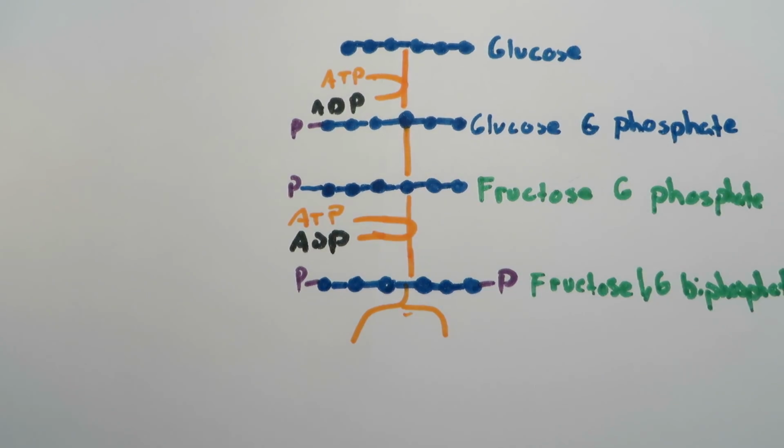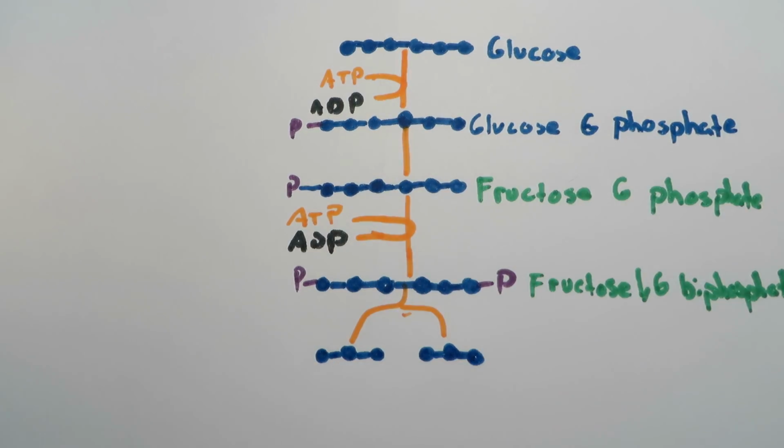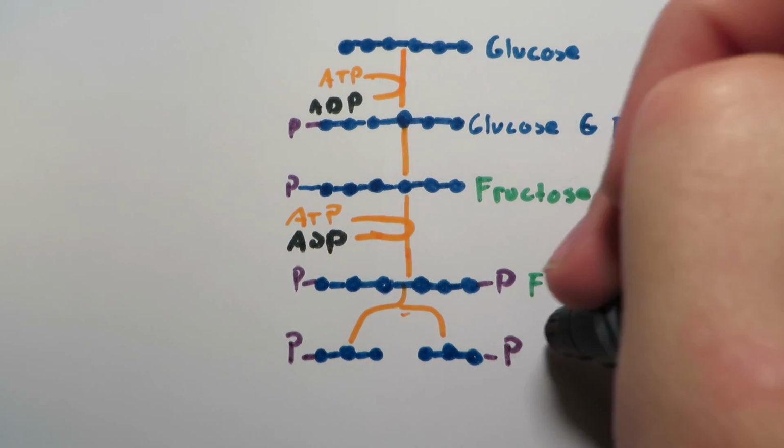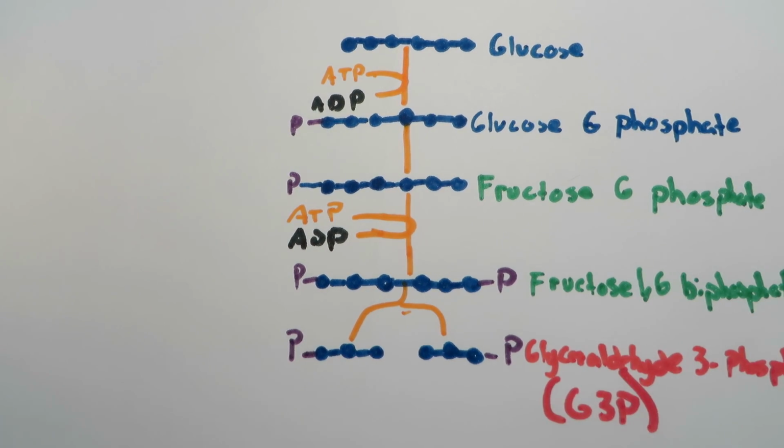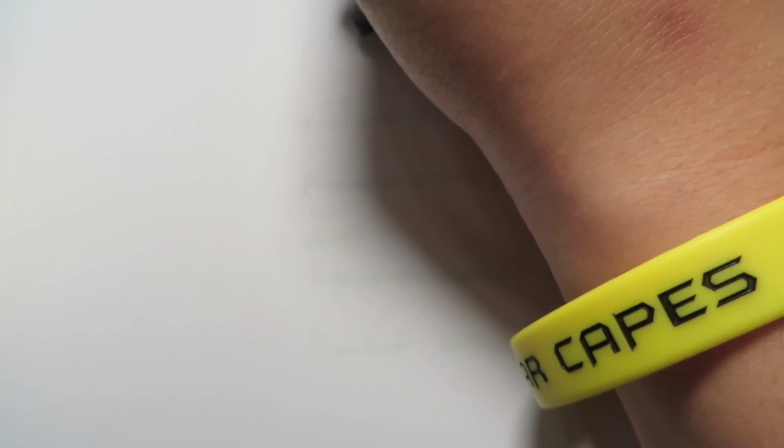The fructose bisphosphate then splits into 2 glyceraldehyde 3-phosphate molecules. A phosphate group attaches to the G3Ps, and NAD plus is reduced into NADH. This creates bisphosphoglycerate.